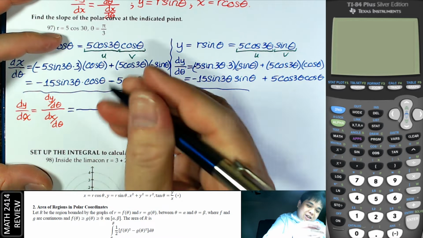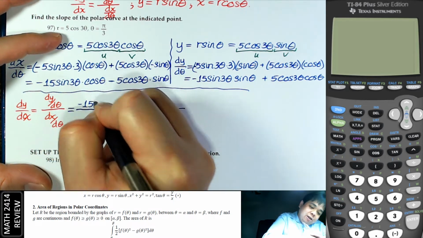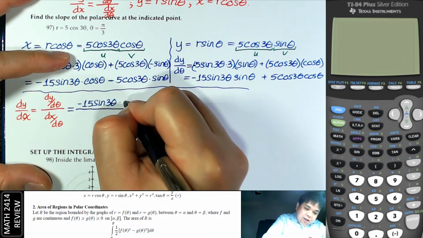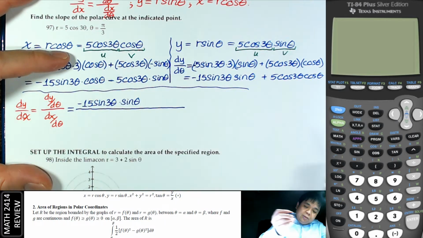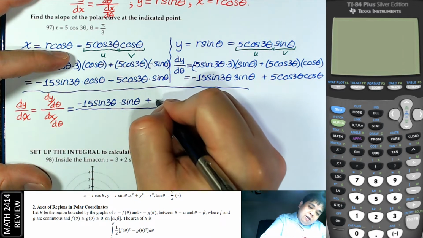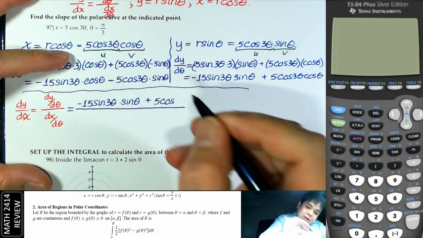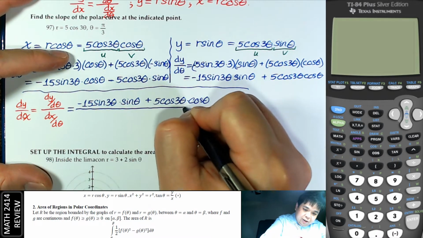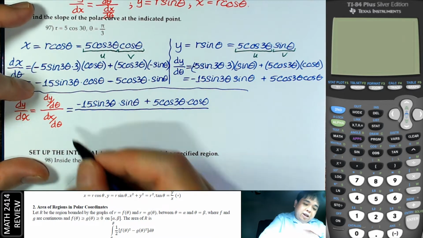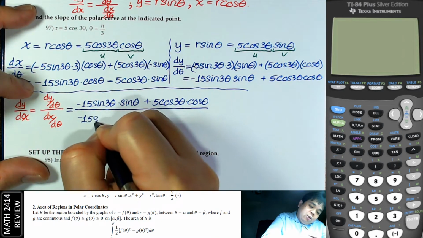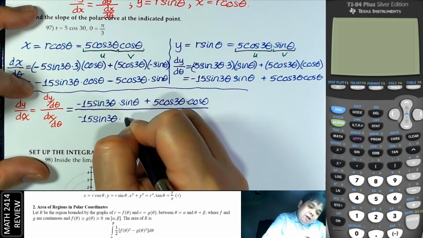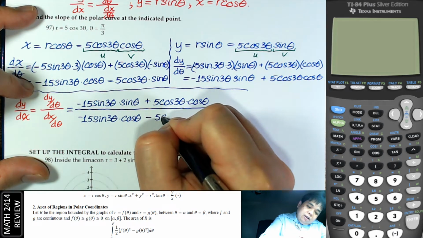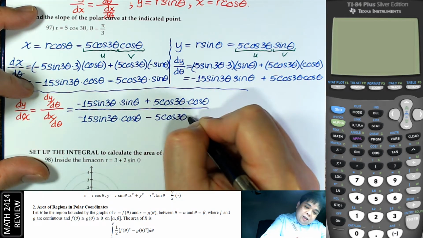So this one, negative 15 sine of 3 theta sine of theta plus 5 cosine of 3 theta cosine theta, over this, negative 15 sine 3 theta cosine theta minus 5 cosine 3 theta sine theta.